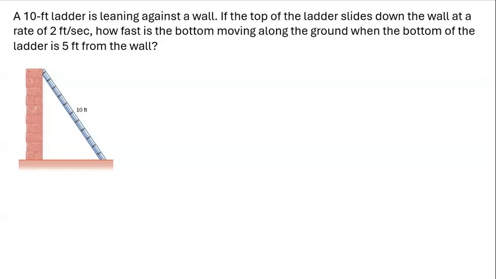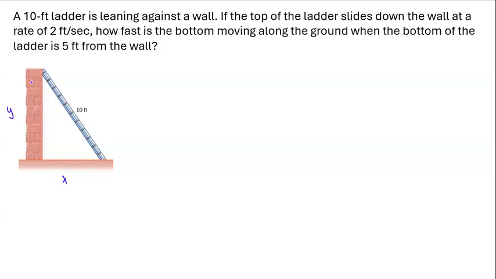So we've got our 10-foot ladder leaning against a wall, and we're going to let x represent the distance from the wall to the bottom of the ladder. We'll let y represent the distance from the ground to the top of the ladder.